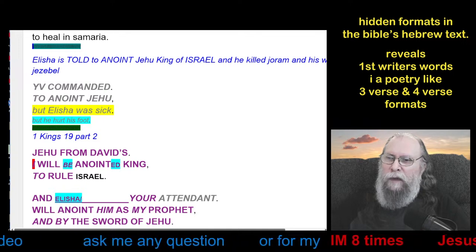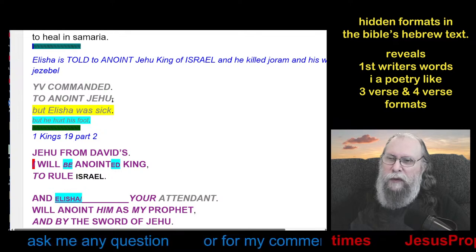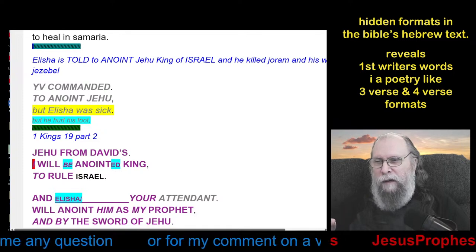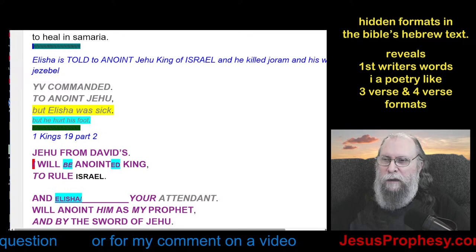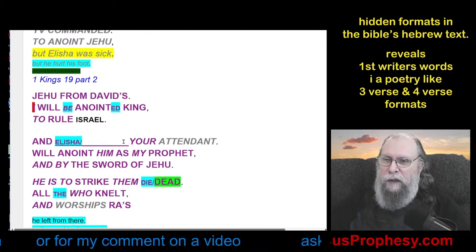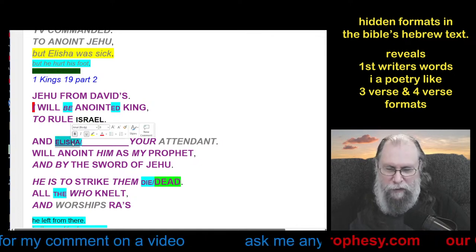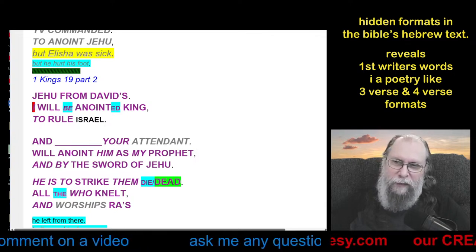Because he's going to be commanded to anoint Jehu, who right now is a commander, and then Jehu is going to become the king of Israel. But he's going to have somebody else. The story says he's going to send not this guy. Now that I know that's not there, I don't know what the attendant's name is at this time.